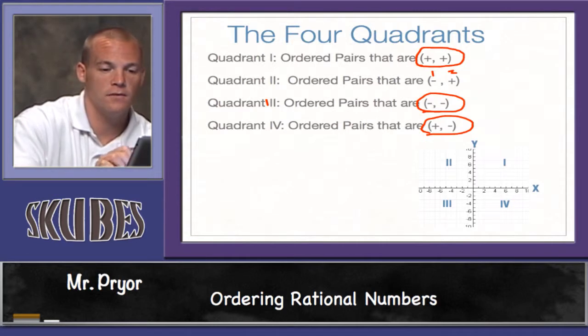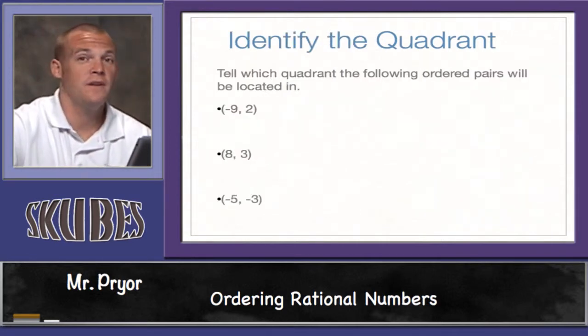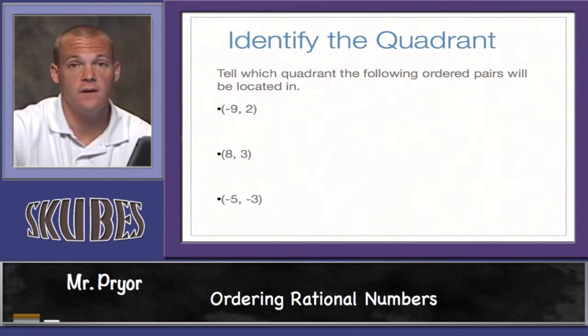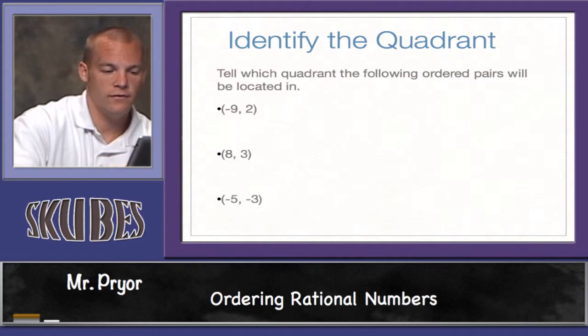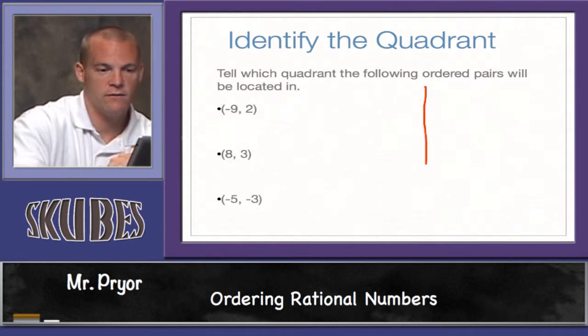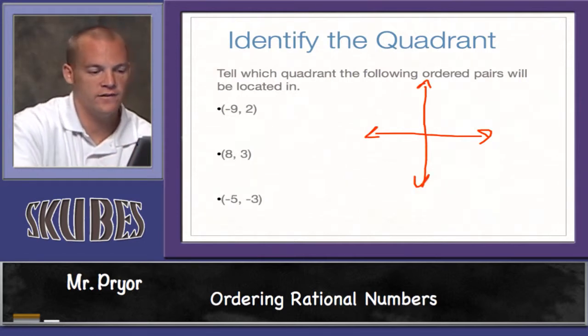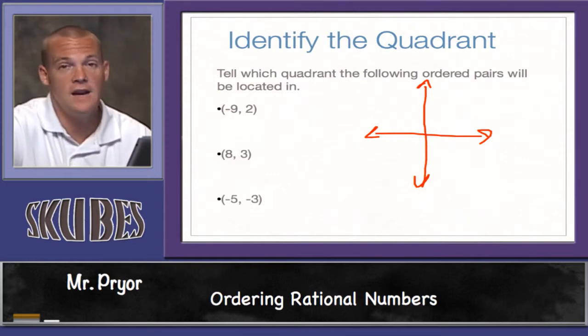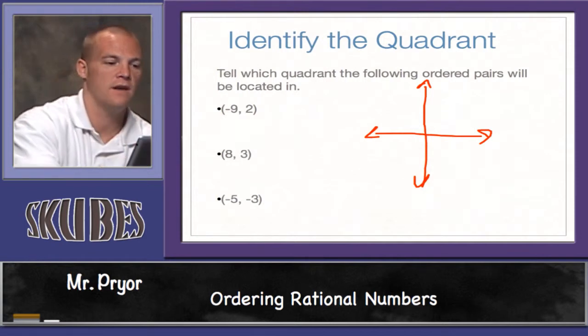Let's take a look at a couple of examples here. These first few examples are simply asking you what quadrant each of these points would fall in. If you want reference, let me sketch one out here for you. Here's your coordinate plane. I'm not going to put the quadrants on there because I want you to try to figure them out as we go. Negative 9, 2. If we were plotting negative 9, 2, what I want you to think of is that we have a negative number and a positive number.